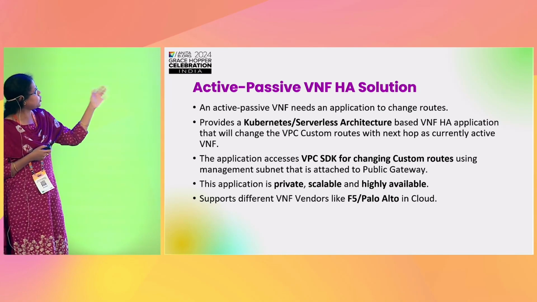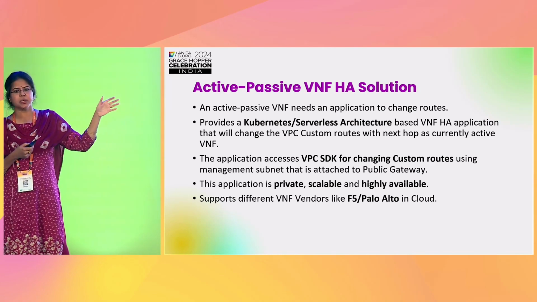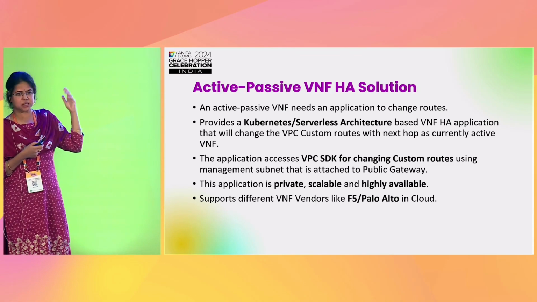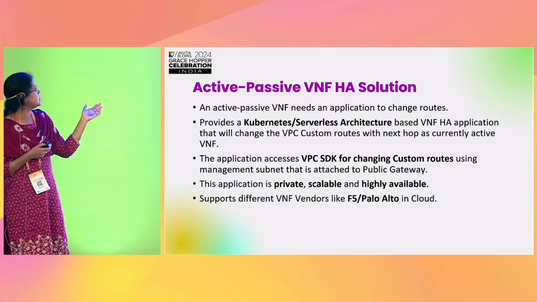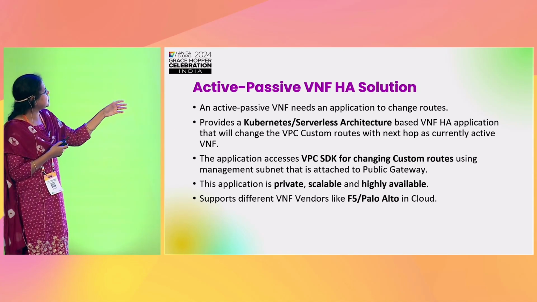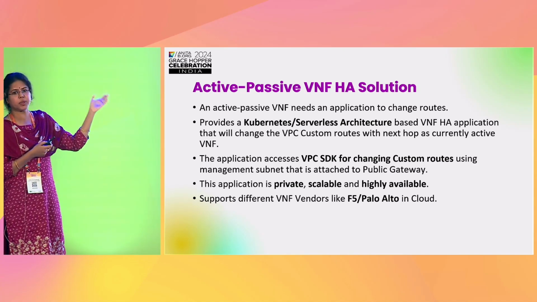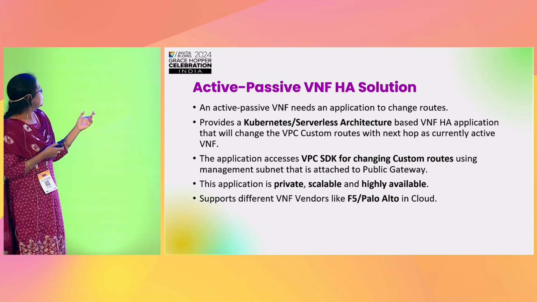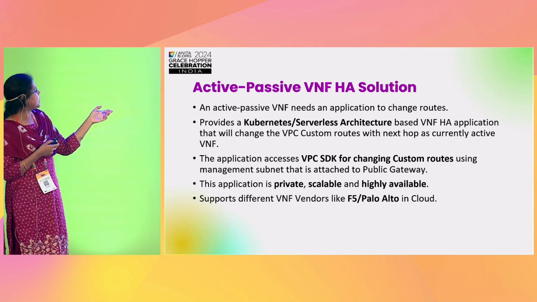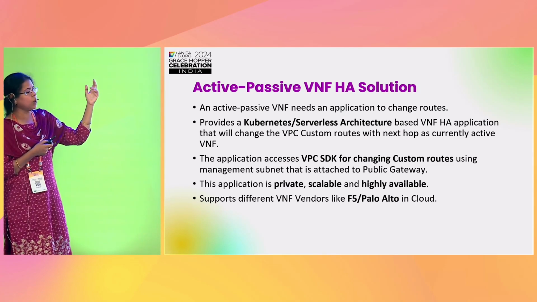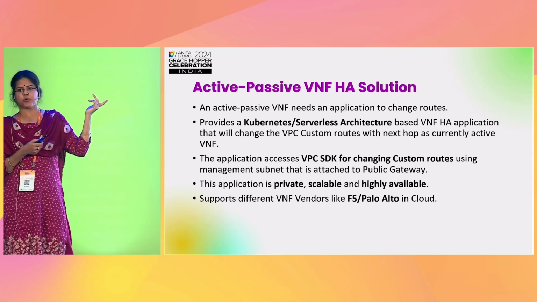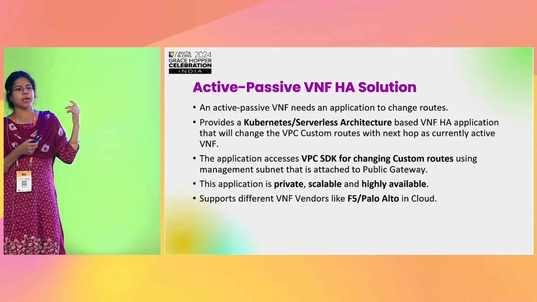Whenever the active passive state is swapped, we need a custom application that will change the ingress or the egress routes, and we are changing them by using the VPC SDK API here. And also here you can see that the application is running in Kubernetes, or it can run in a serverless platform like IBM Code Engine or AWS Lambda.